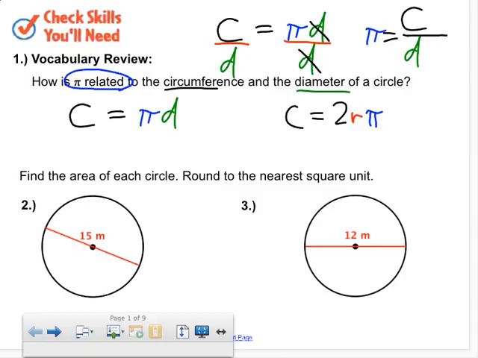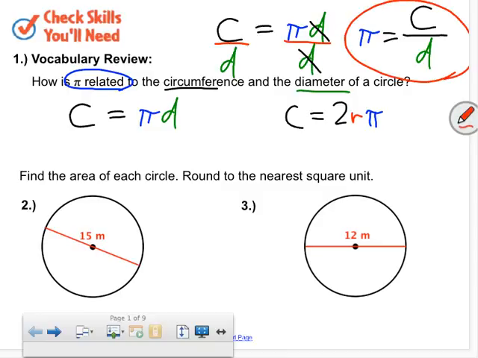So pi is the ratio of circumference and diameter. So here's the relationship between circumference and diameter that gives us pi. Do you guys understand? Okay. So from this is how we get our formulas for circumference.